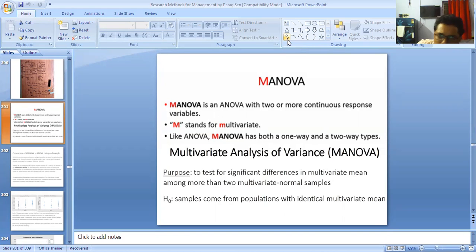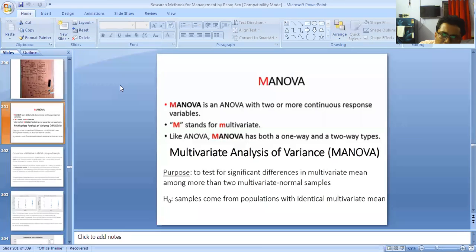Usually in research work, the kind of research performed in management-oriented research, MANOVA is not very common. Mostly you deal with ANOVA or even two-way ANOVA, and you also do some post hoc tests.